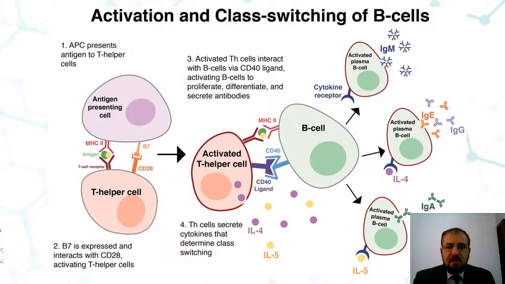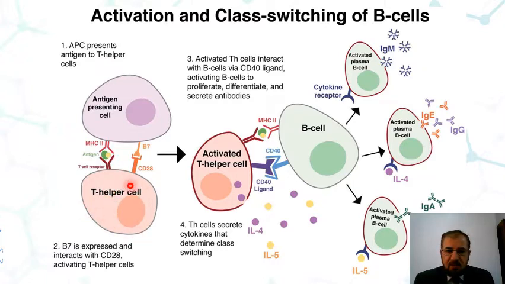Okay, let me explain this very simple drawing. It shows us the activation and the class switching of B cells. At first, the antigen-presenting cells present antigen to the T helper cells. So this is an antigen-presenting cell using MHC class II molecule with peptide antigen, presenting the antigen to the helper T lymphocyte.